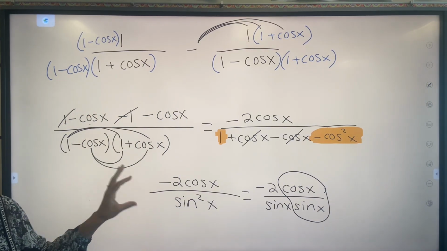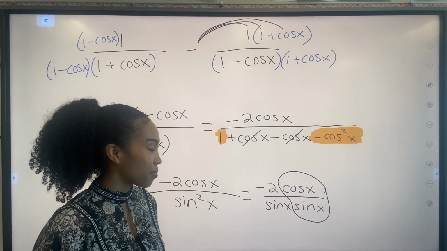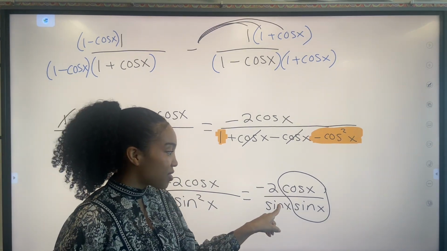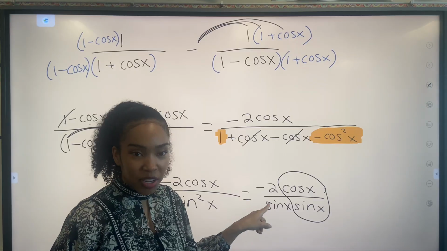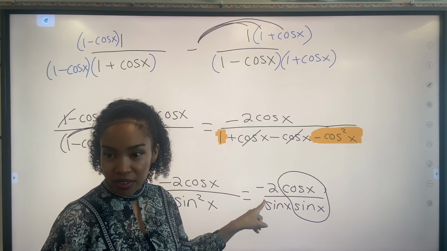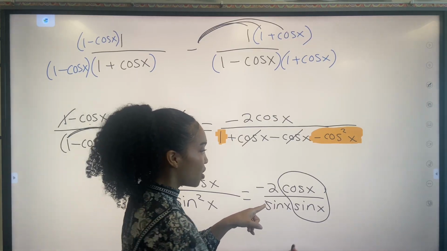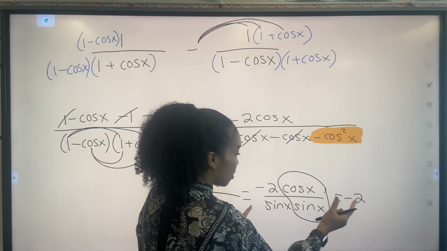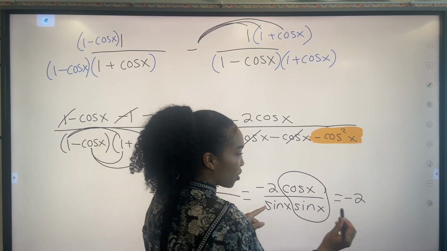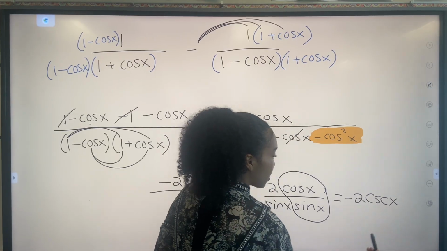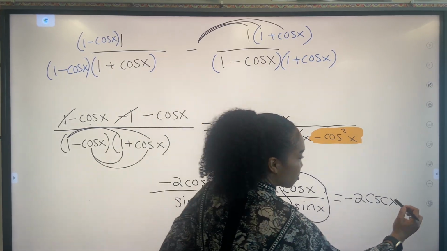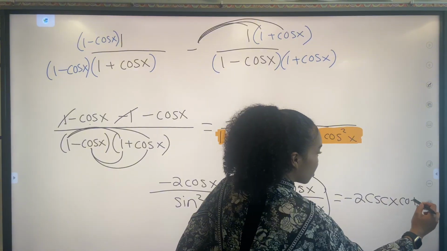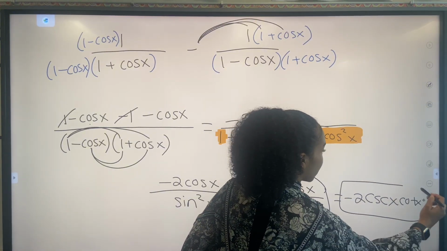Whenever you're simplifying things, you don't want fractions, okay? And whenever you have sine in the denominator, how can you rewrite sine when it's in the denominator? Cosecant. So this is equal to -2, don't drop that off. When you have sine in the denominator, you can write it as cosecant, and cosine over sine, you can write it as cotangent. So this is your final answer.